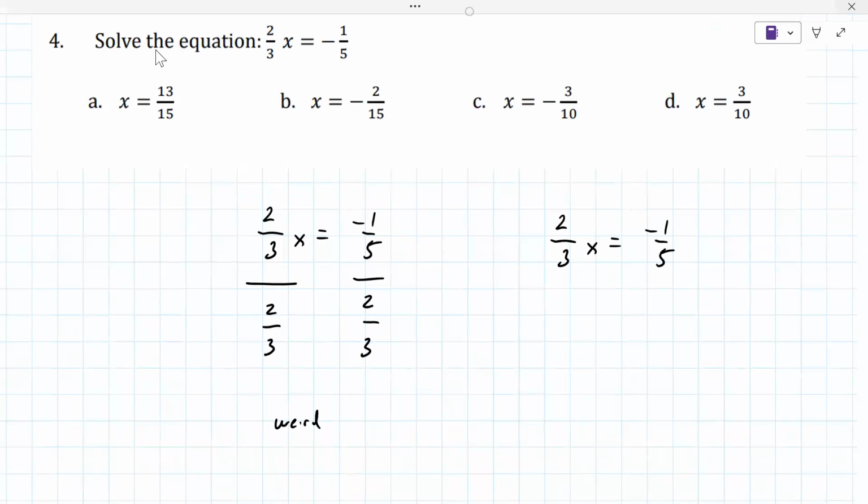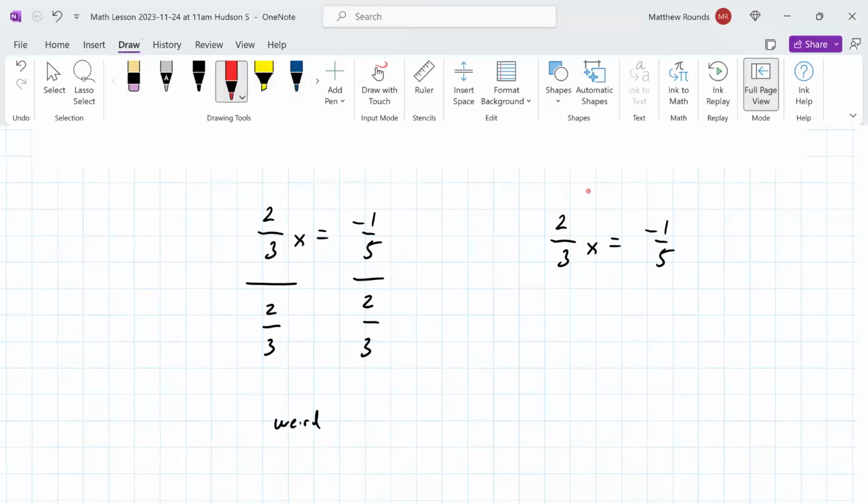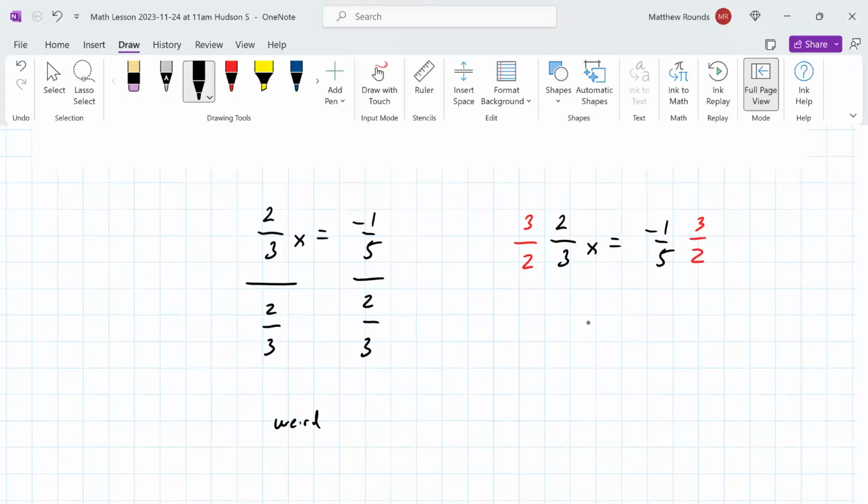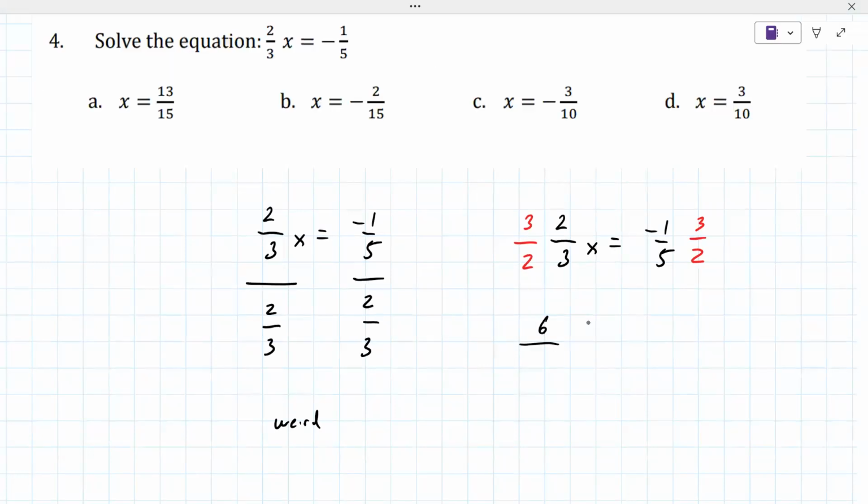So the better approach here is to multiply by the reciprocal. The reason that works is because on the left side, 3 times 2 is 6, 2 times 3 is 6, becomes just x.